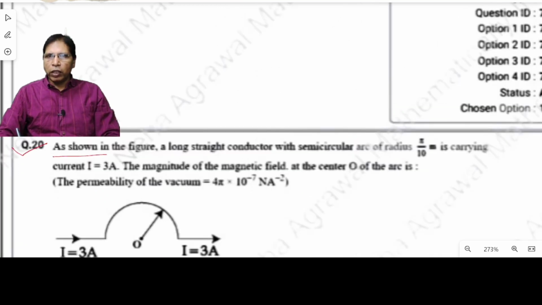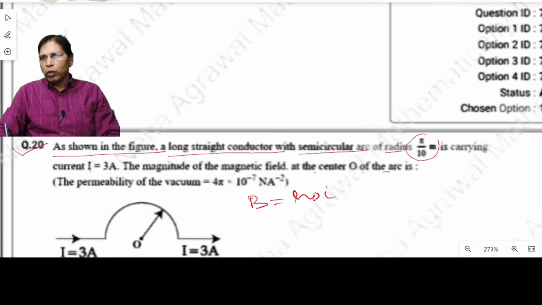Question number 20. As shown in the figure, a long straight conductor with semicircular arc of radius pi by 10 meter is carrying a current I equal to 3 ampere. The magnitude of magnetic field at the center of the arc is. Look at this. This is the semicircular arc. So B equal to mu naught I by 4R. Now put the value. This is the 4 pi into 10 to the power minus 7.